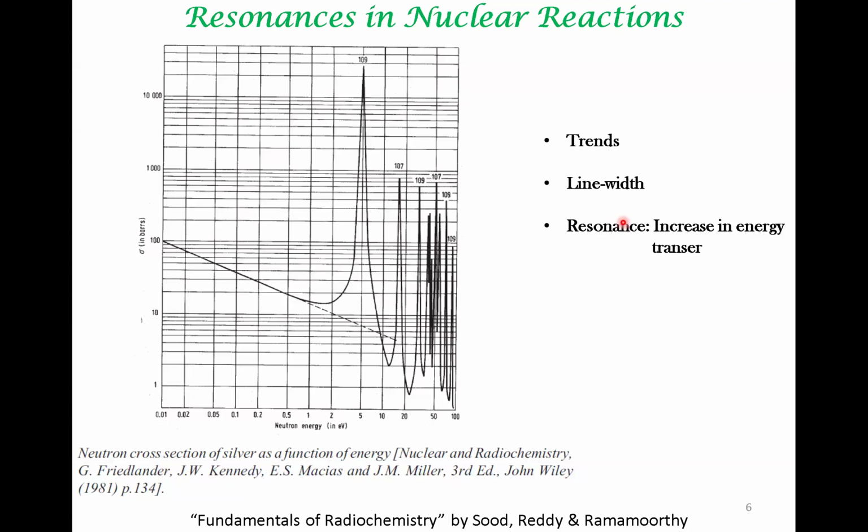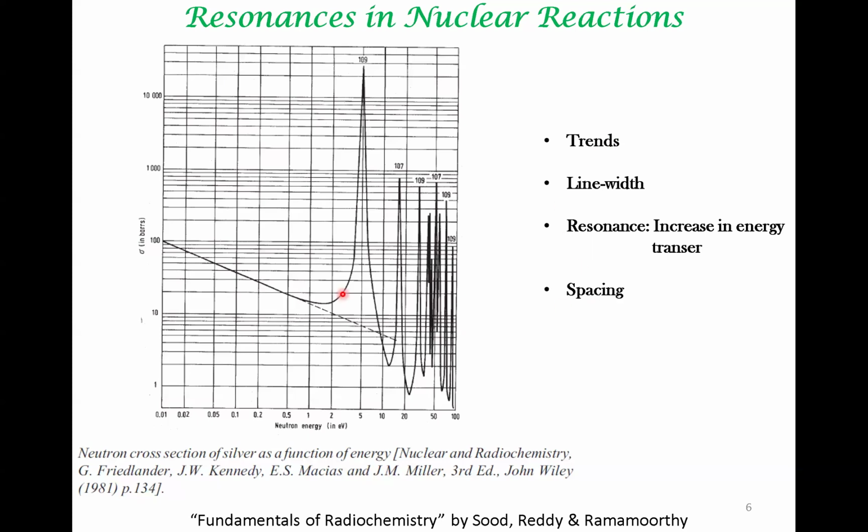So the point I want to emphasize is this notion of resonances. Then there is also this spacing. This becomes closer and closer at increased energies, and the line width also decreases. These resonance transitions become closely spaced, become bunched up, with the line width also becoming narrow.